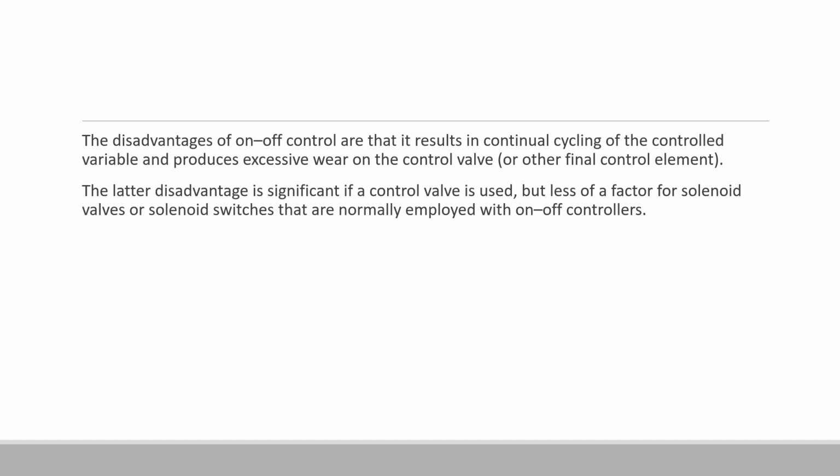The latter disadvantage is significant if a control valve is used, but less of a factor if solenoid valves or solenoid switches are used. Basically, in on-off control the valve will keep on opening and closing very frequently, which may lead to wear and tear of the control valve. However, this won't matter as much if we are using a solenoid valve or solenoid switch, but if we are using a control valve, then this becomes more important.